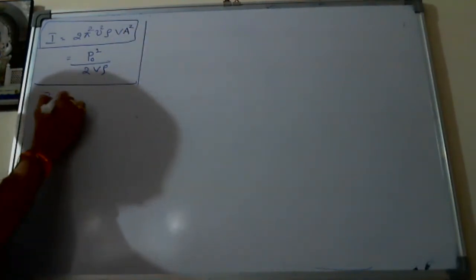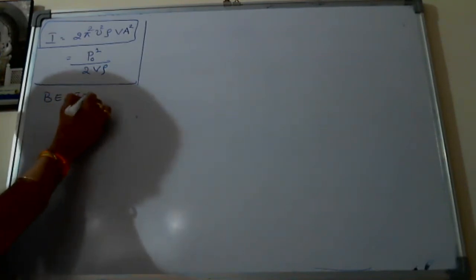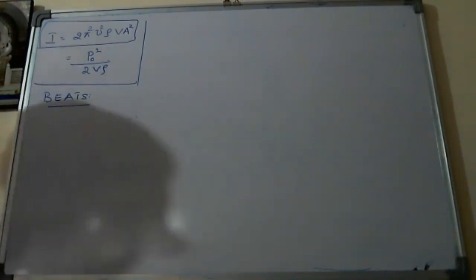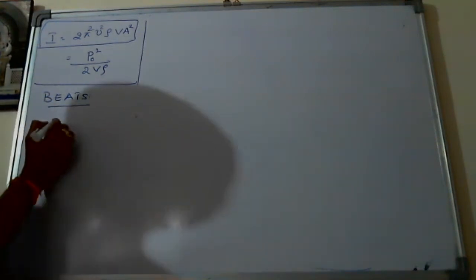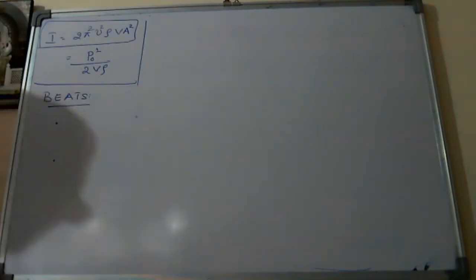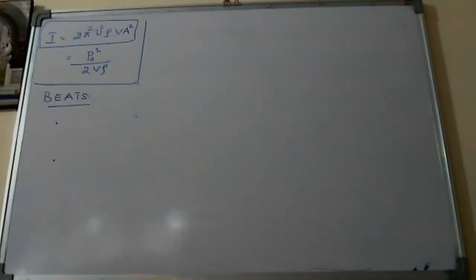Beats concept, we have to understand properly, Nana, what is the thing we are having. First of all, what he says, suppose two waves, either longitudinal waves or transverse waves or sound waves.